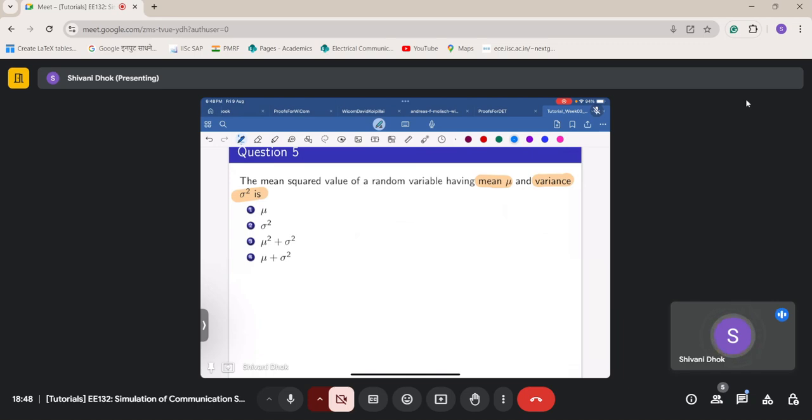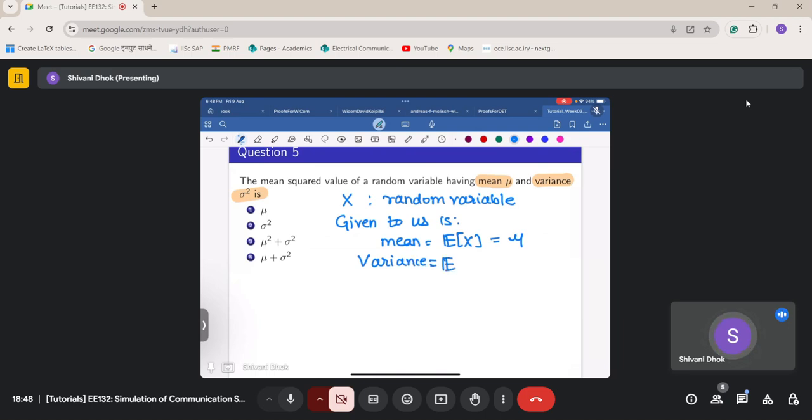Now let's say that x is a random variable and what is given to us is its mean, equal to expectation of x is mu, and variance, which is expectation of x minus mu whole square, is equal to sigma square.